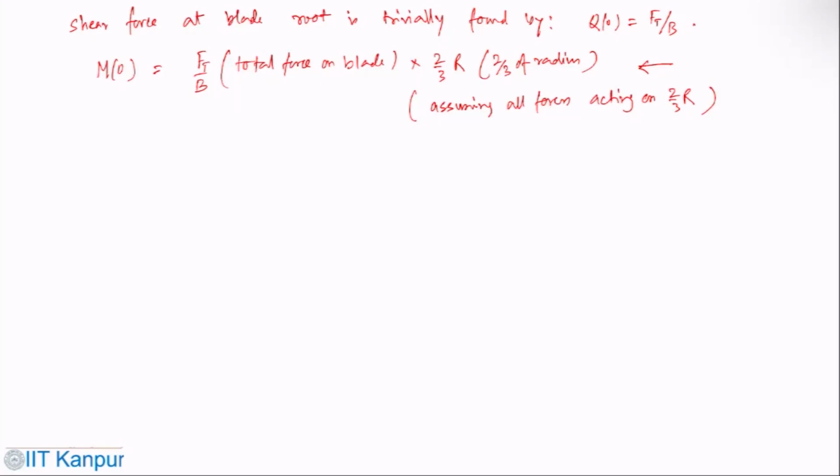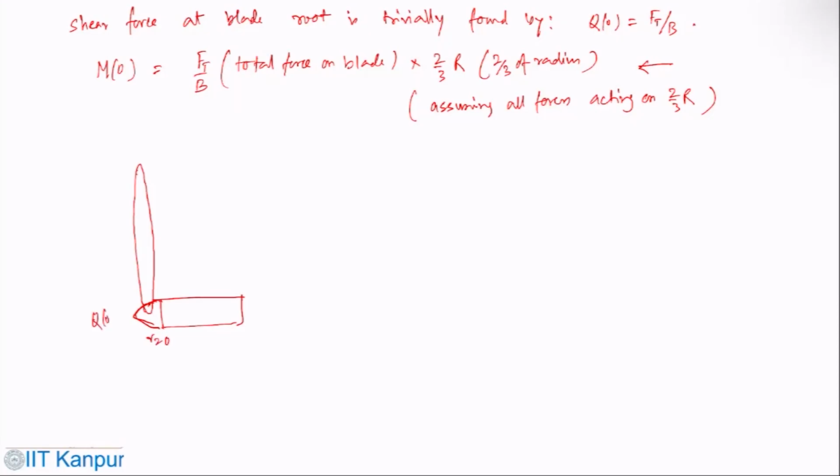I mean, one can illustrate with a simple example. Let's say we have a blade like that at R0.